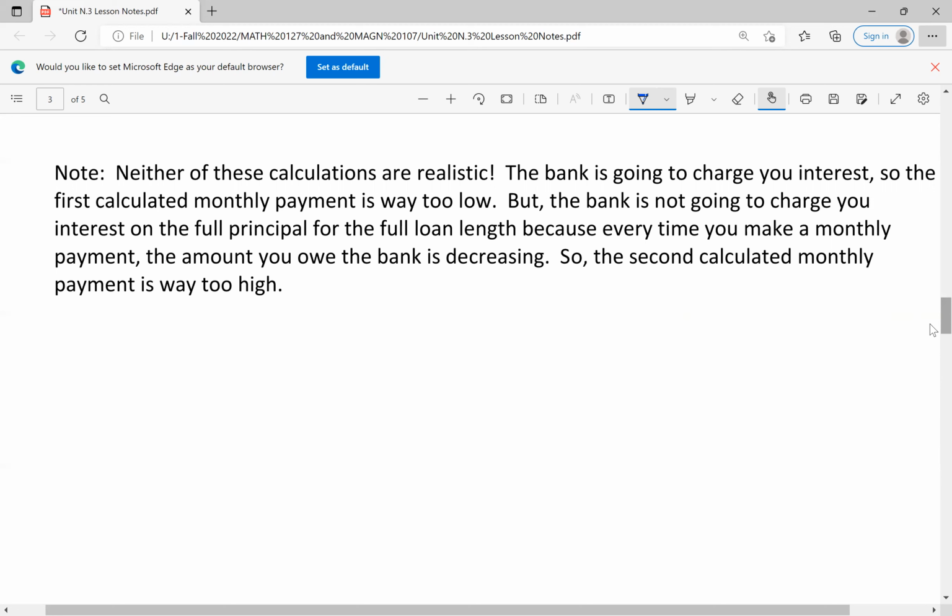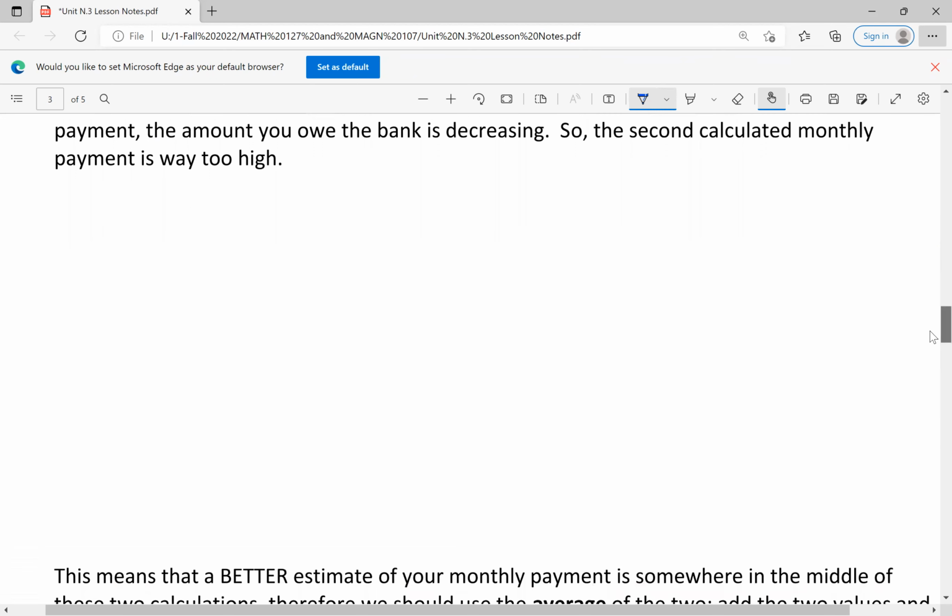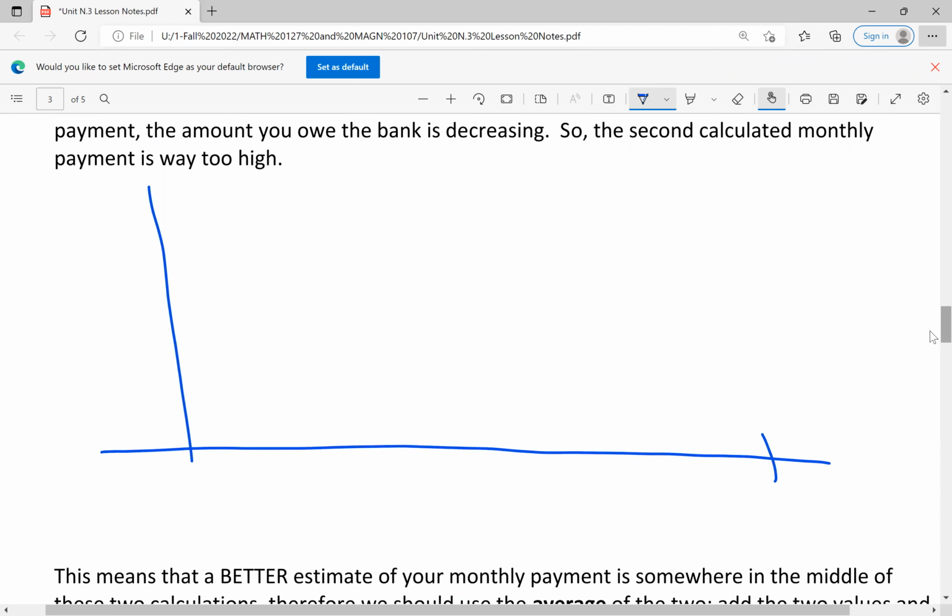I also want us to kind of get an idea of what do I mean by the loan decreasing. So let's think about our loan amount over time. So our goal is we're making monthly payments for 3 years. We are starting, so start is our beginning amount of time, 0 years, 0 months.